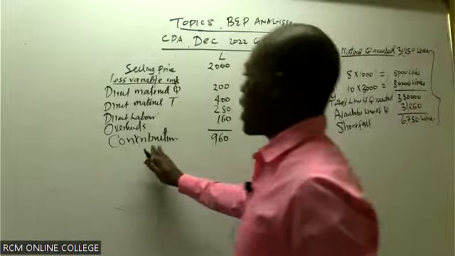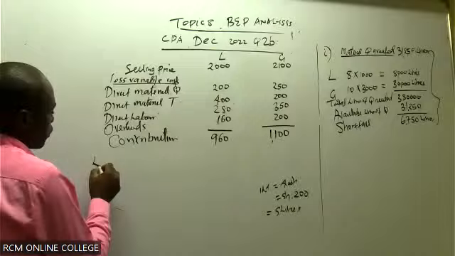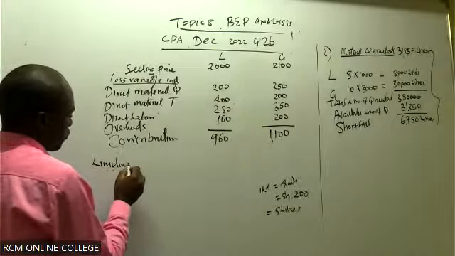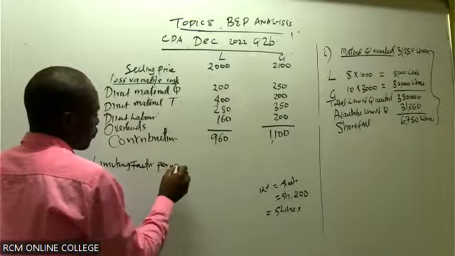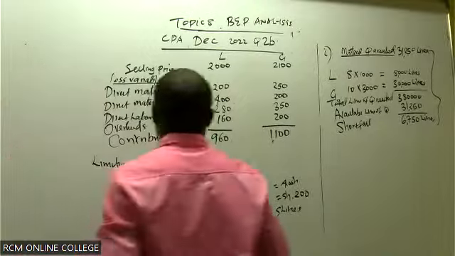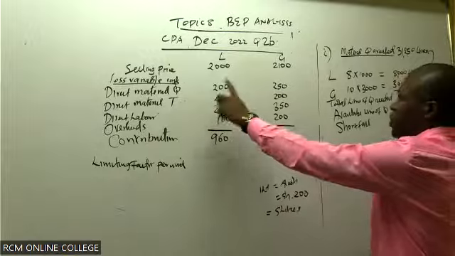Good. So let's now go ahead and get limiting factor per unit. We said that how many liters do they need to produce 1 unit of L?